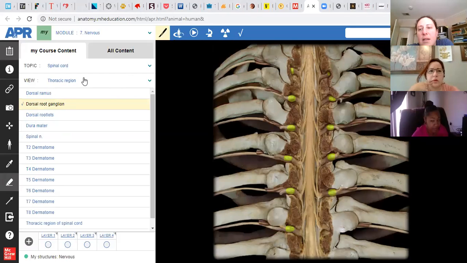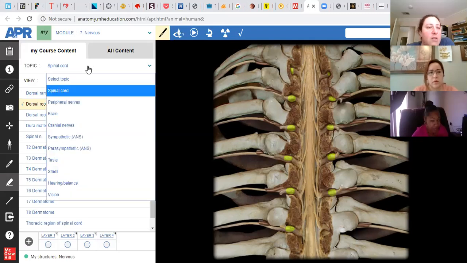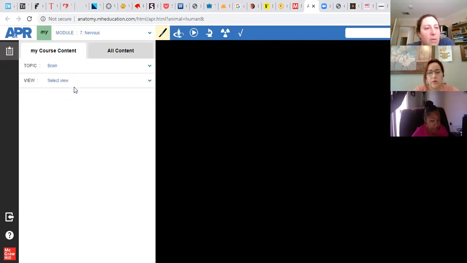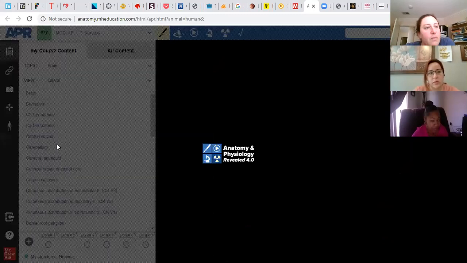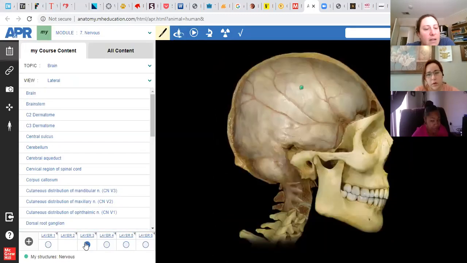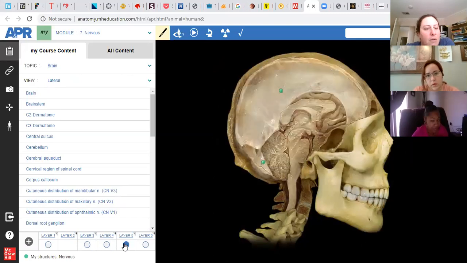Just like with the muscles, where sometimes there's things deep to other things, I might have to use more than one, but it's going to be whichever ones let me actually show you and ask you about the things that you need to know from the list. For example, with the brain, a lot of it is going to be on these lateral layers.